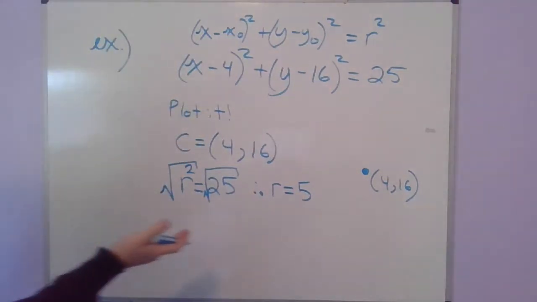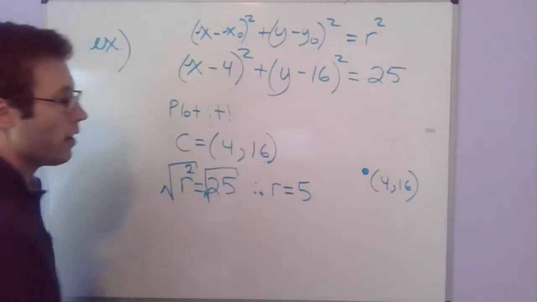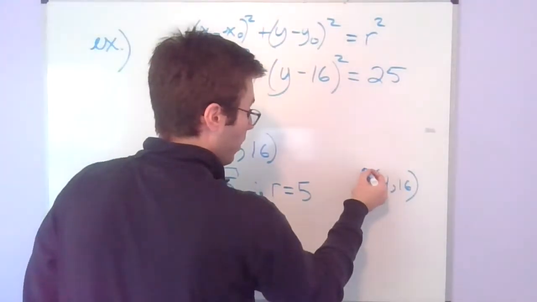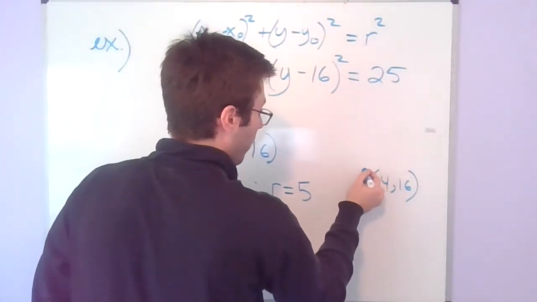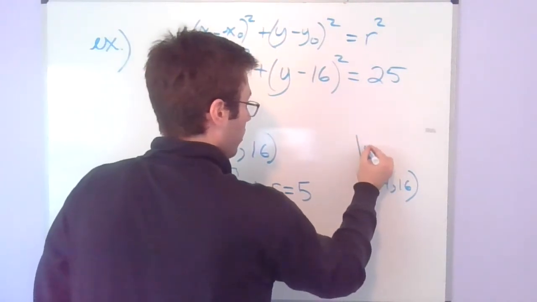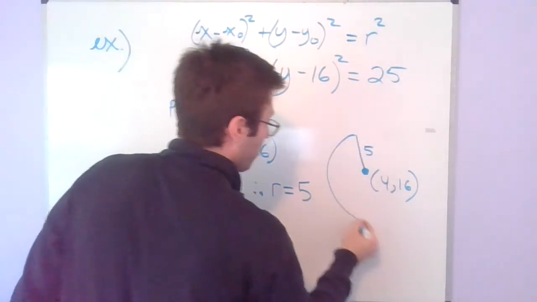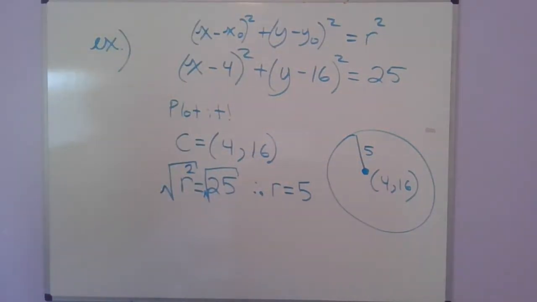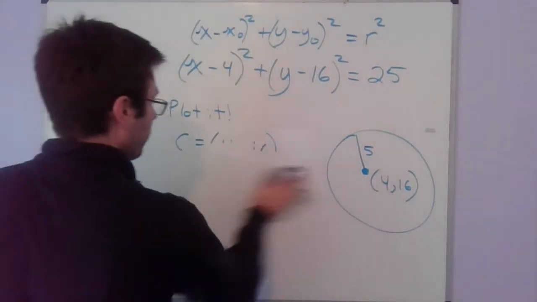And we only are considering the positive value here because the radius is going to be positive. So the radius is going to be 5, and that specifies everything about our circle we need to know. All right, let's do another one.